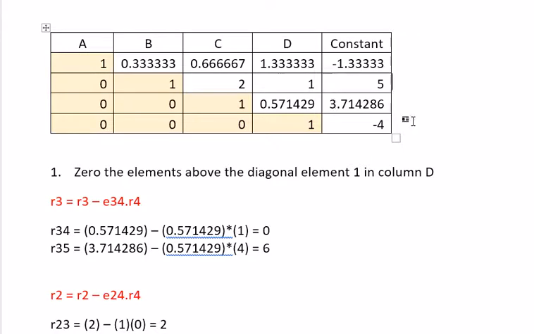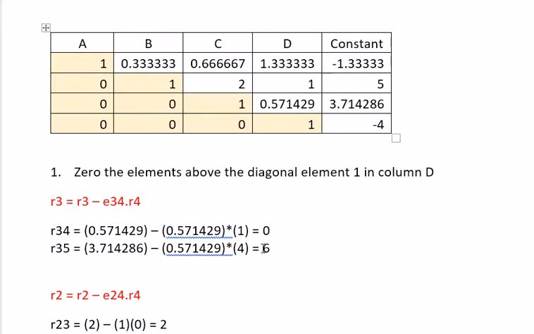So R35, the element in row 3, column 5, is equal to 3.714286 minus the element in row 3, column 4, which is constant, our E here is always constant, 0.571429, times the element in row 4, which is equal to 4.